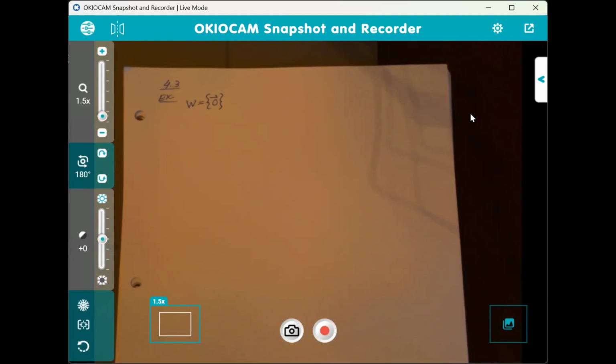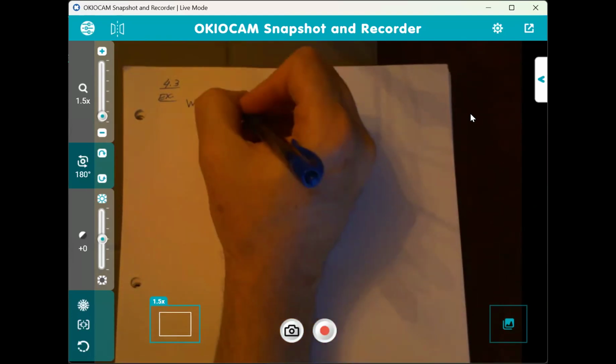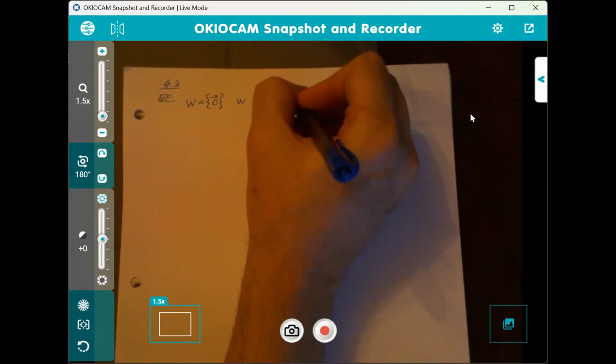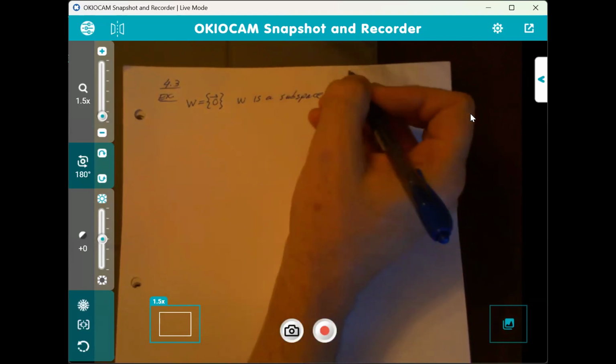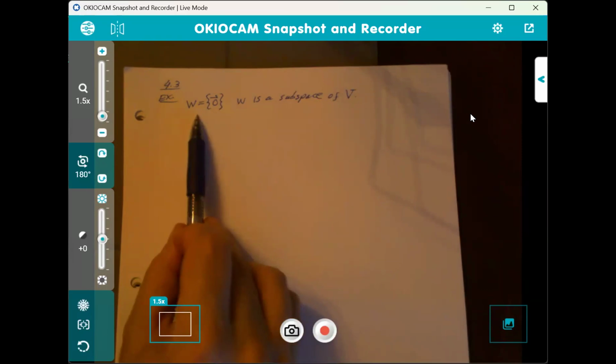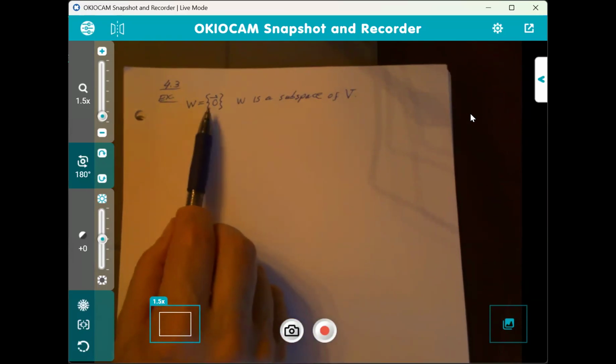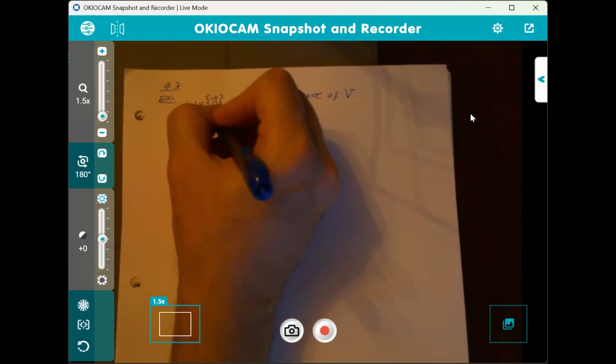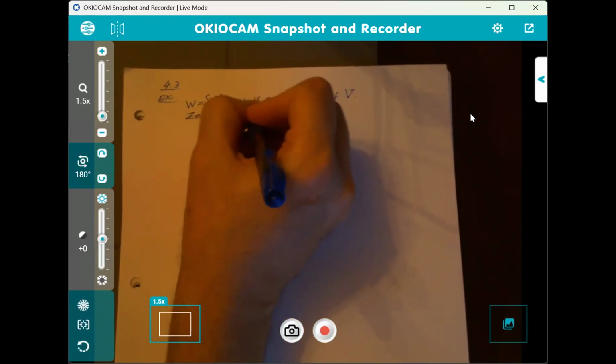Well, this one is a subspace. W is a subspace of V. If you want, you can show it meets all 10 axioms. And indeed, this is called a zero subspace. Now you would want to say, well, what good is this?